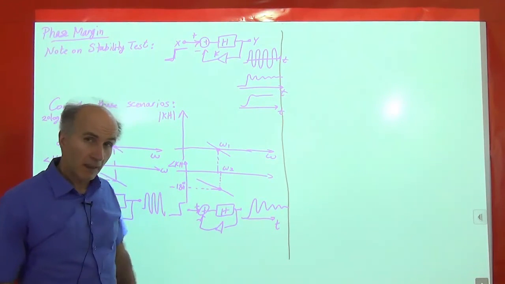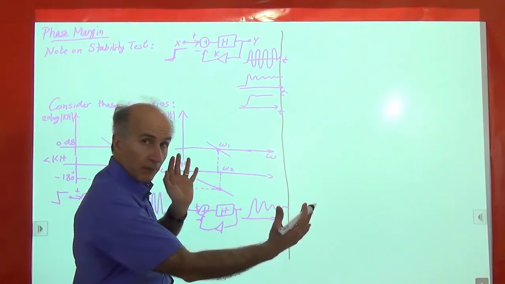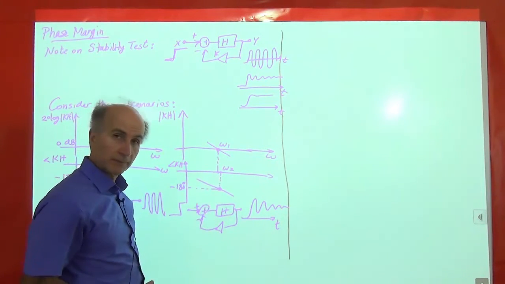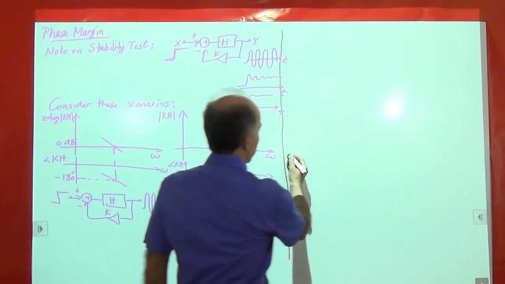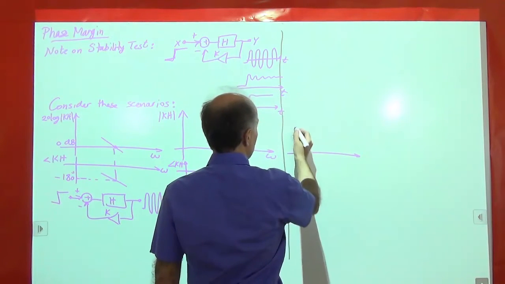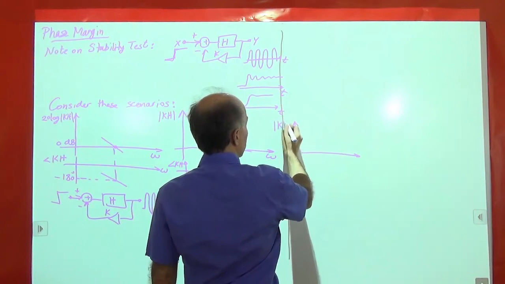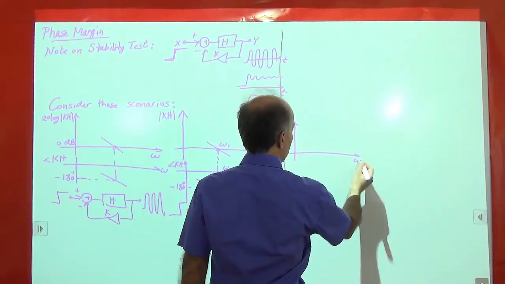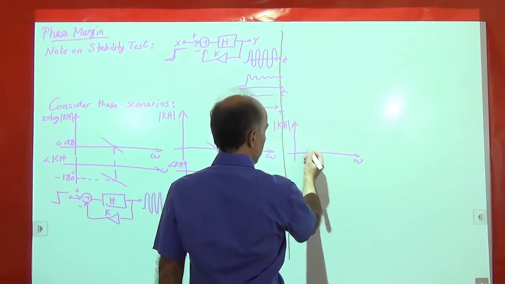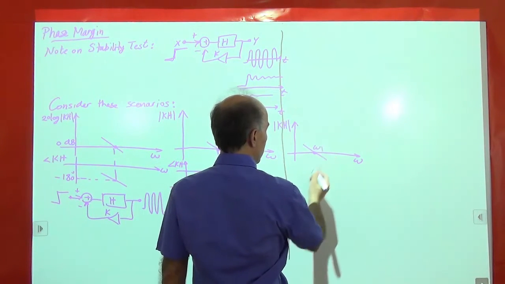So that means I have to have some reasonable separation between these two. And that's the third scenario. We'll have the magnitude of kh, again 20 log, somewhere around here. We call this omega 1.